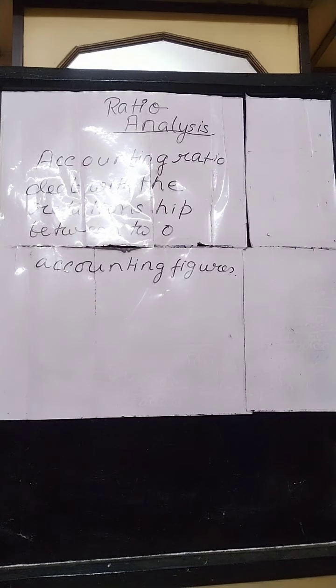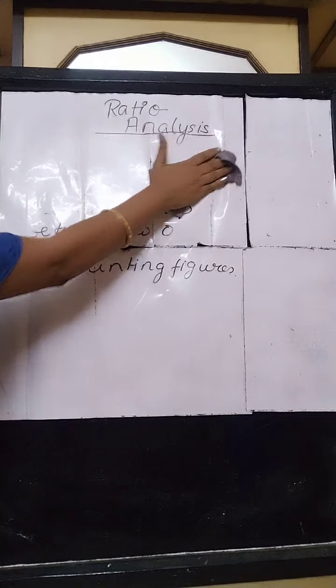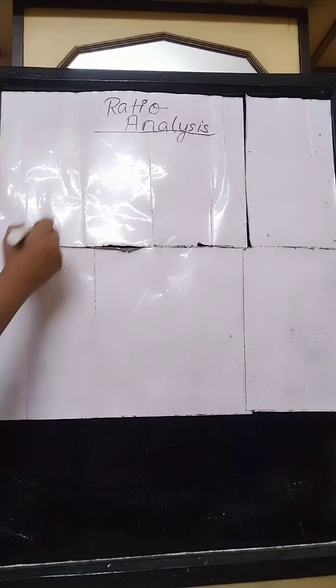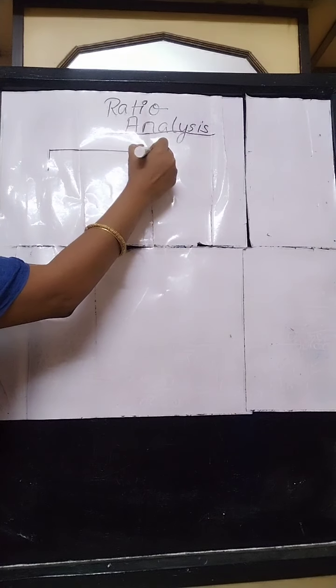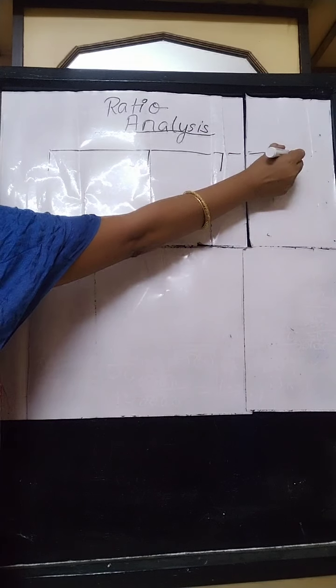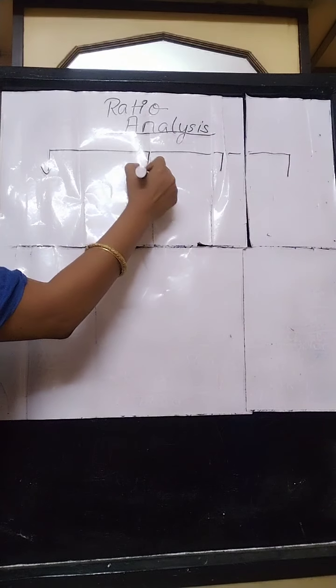Now, this accounting ratio is classified into four categories. In ratio analysis, there are four types of ratio which are used. If I categorize the ratios into four groups, then we get four categories of ratios.